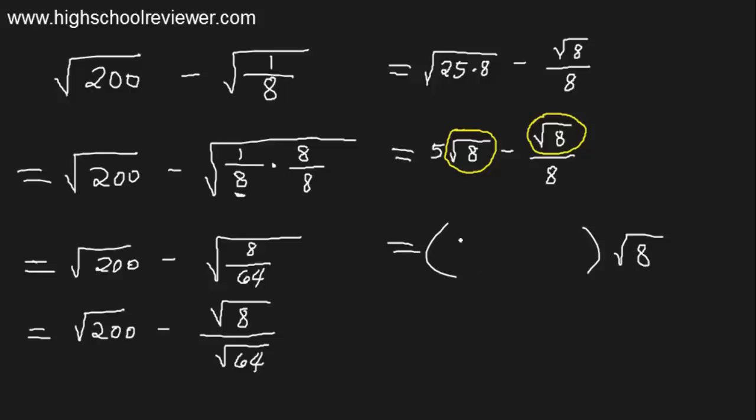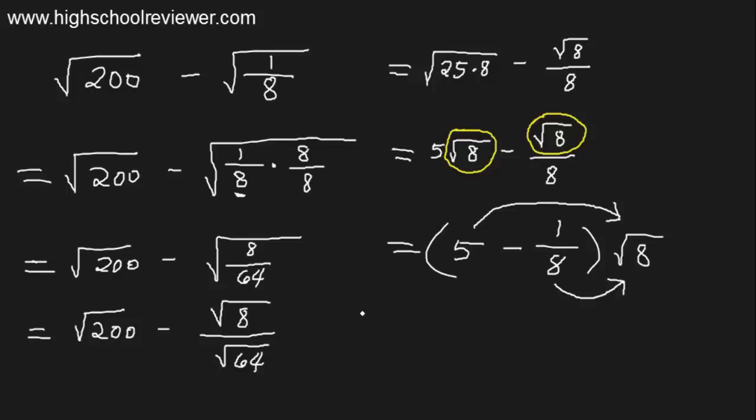So what will be left here will only be 5 minus 1 over 8. So to check, we have 5 times square root of 8, that will be 5 square root of 8, minus 1 over 8 times square root of 8, that will be square root of 8 divided by 8. Okay, so we have 5 minus 1 over 8.